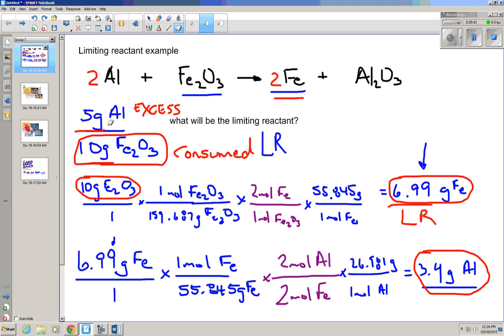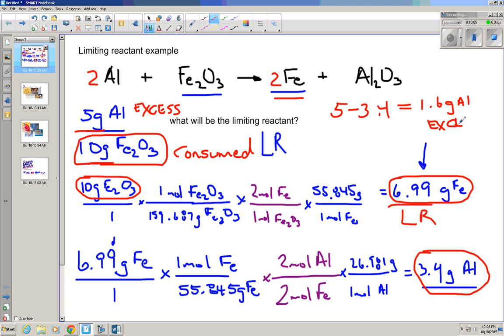The problem is I started the reaction with 5 grams of aluminum. I only need 3.4. So now what I can do is take 5 grams, subtract the 3.4 from it, and I end up with 1.6 grams of aluminum, and that is what we call excess, right?